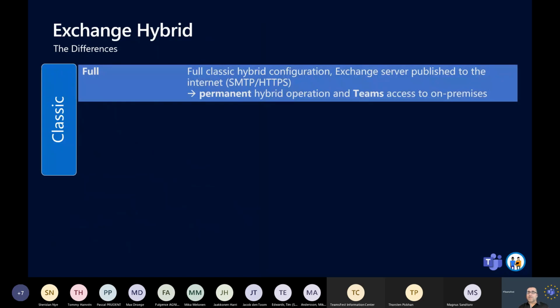So this means that when you talk about Exchange Hybrid, the full classic is for a permanent hybrid operation. And this is the configuration model that is required when you want to use Microsoft Teams with on-premises mailboxes.